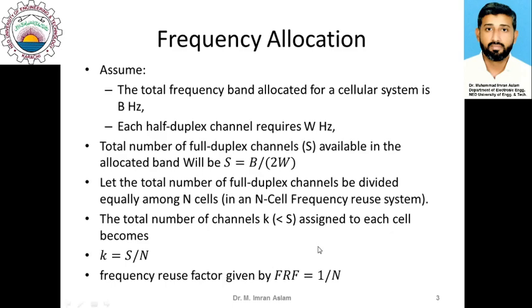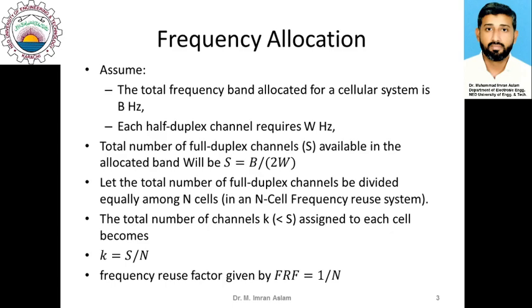So let's say for a cell we have allocated a number of channels denoted by K. Of course K will be a smaller number than S, because the S channels are to be distributed among N different cells.